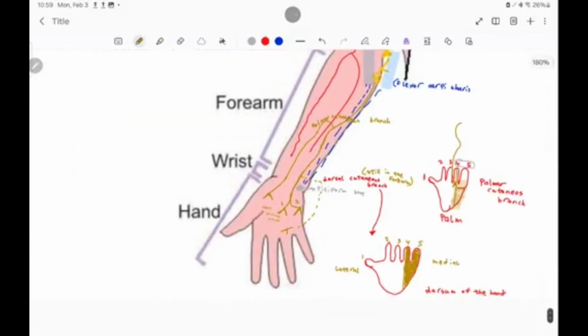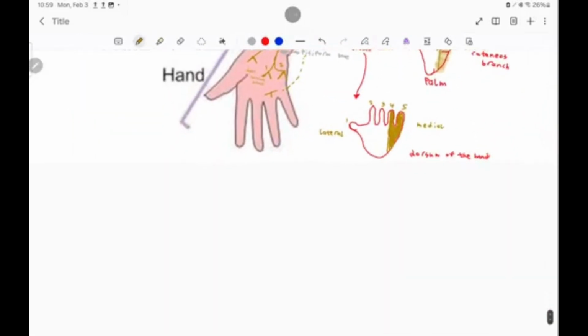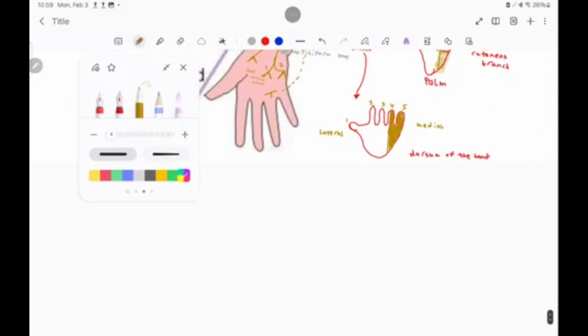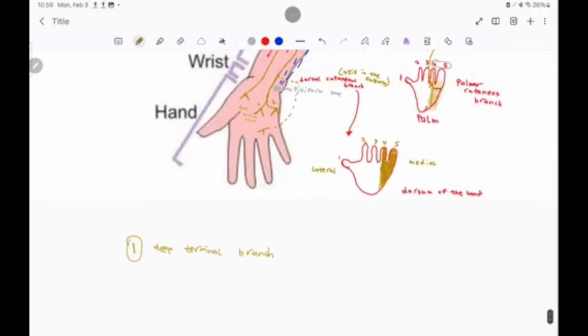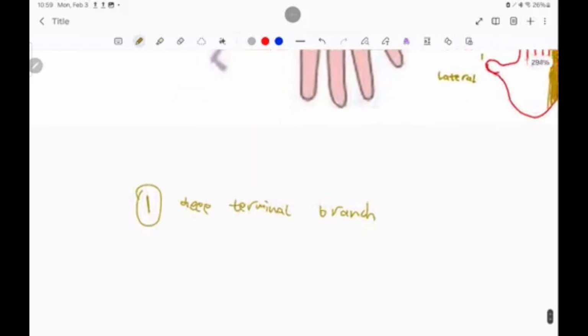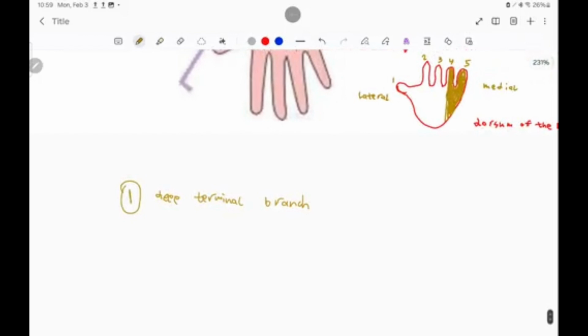Okay, let's discuss this deep terminal branch. I write one, which means the deep terminal branch. This deep terminal branch supplies all the muscles of the hand.